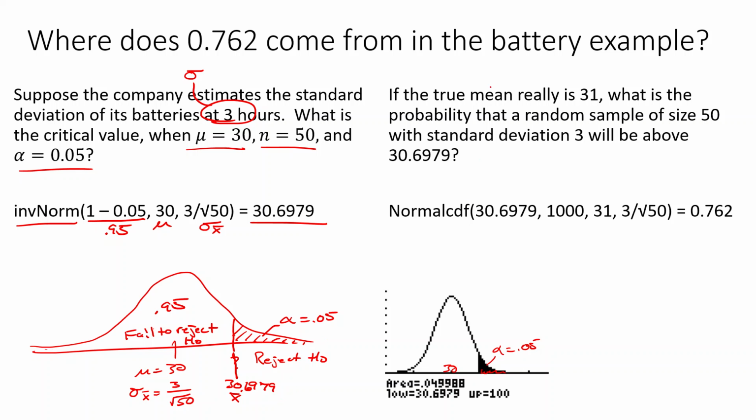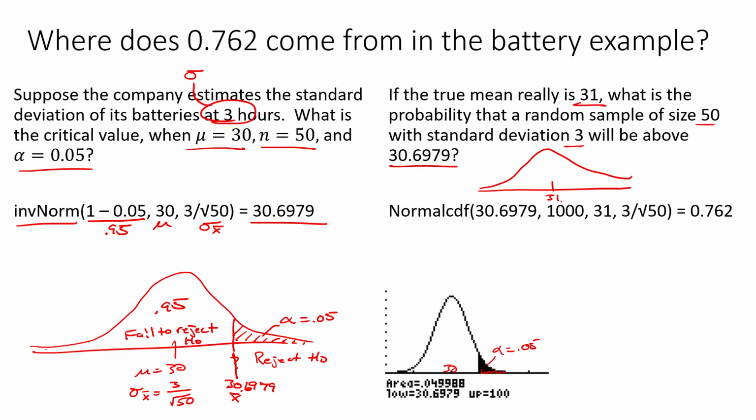Now, if the true mean really is 31, what is the probability that a random sample of size 50 with standard deviation of 3 will be above that number that we just got? So we take a look at another curve, which is actually centered now at 31.